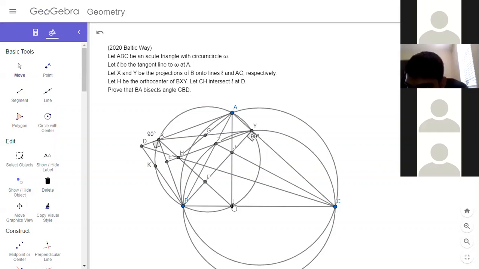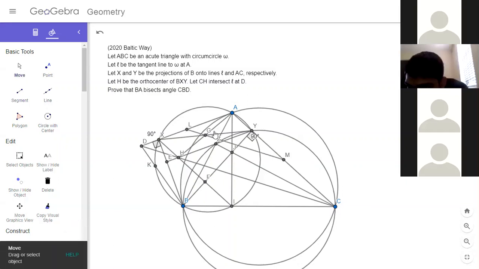Let's see. Yeah, I'm wondering if we can use the gliding principle. Hold on just a sec. So if we take the midpoints of AC and AD, then I think L, G and M are collinear.